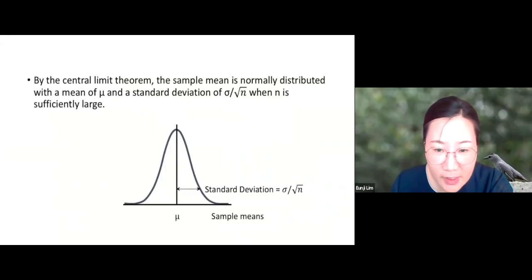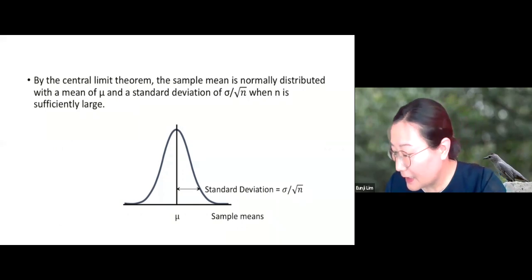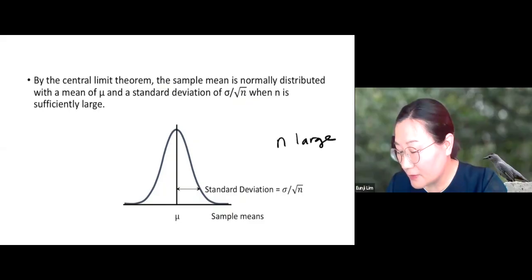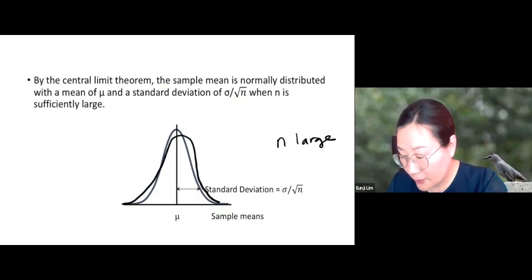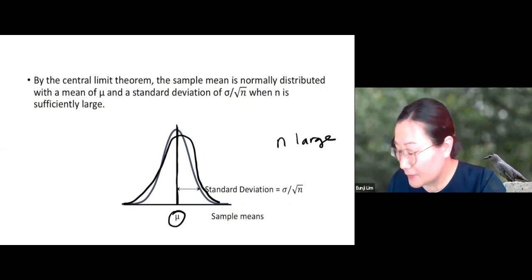Now, there is a theory in statistics that says when the sample size is large, then the distribution of the sample mean is a bell-shaped distribution. It's a normal curve, and the mean of this normal curve is mu, which is the population mean, and the standard deviation of this distribution is sigma, the population standard deviation, over the square root of n.